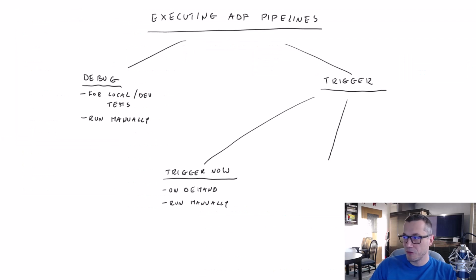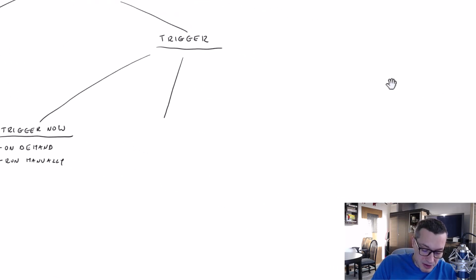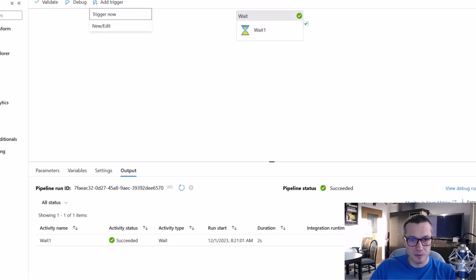To do this, we will create a dedicated trigger. And we've got 4 types of triggers. The first one that I want to talk about is called a schedule trigger. All right, and how does it work?